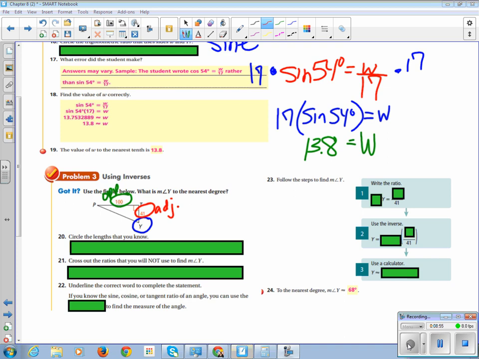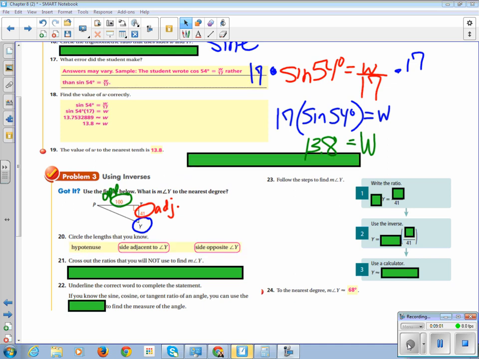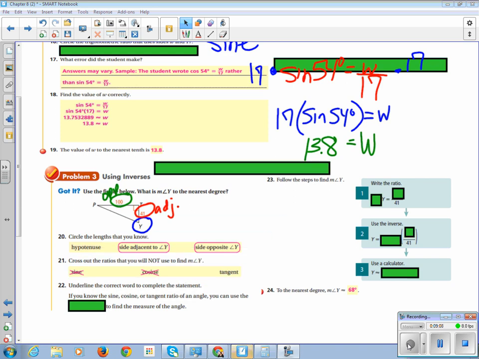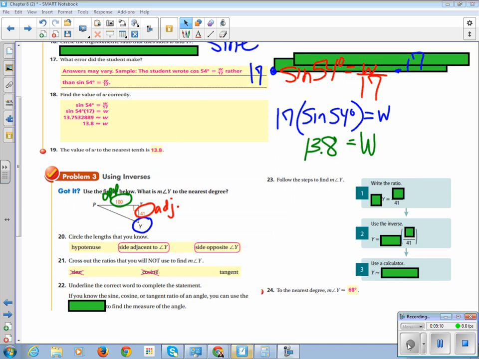So when we're looking at sine, cosine, tangent, the tangent is the one we want to use.